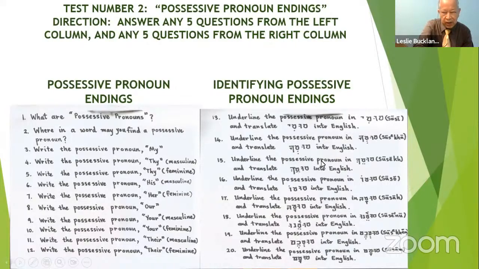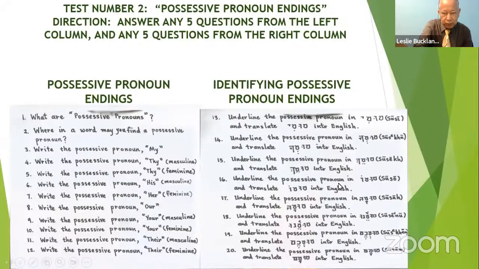Number 15, underline the possessive pronoun in Susek. This is the feminine form of the second person singular possessive pronoun ending. It's the tsere, kaf, and a simple shua, ek. And then the other half of the question is translate. Susek is thy horse, referring to a person of the feminine gender.